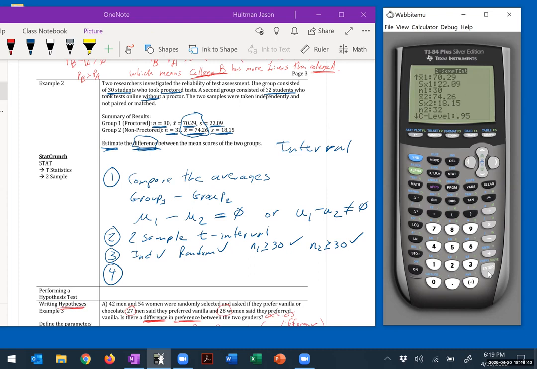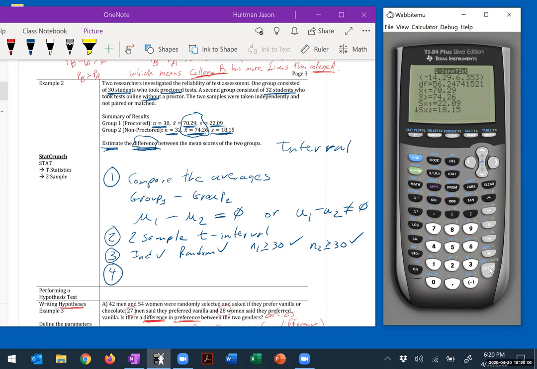What's my confidence level? Let's use a 95% confidence level. That'll be our default. Pooled? No, we do not want this pooled. Pooled would mean that it was paired data. It's not paired data, so we're not pooling our data. And we hit calculate.